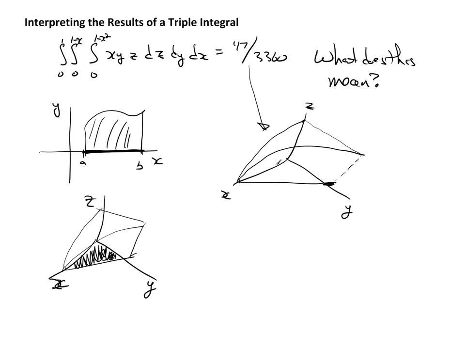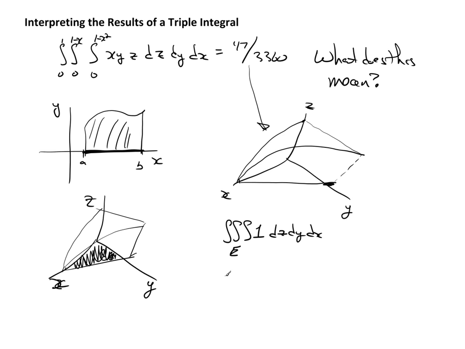See, if I were to actually find the volume of this solid, it would not be 47 over 3360. In fact, one of the interpretations for a triple integral is if I integrate over E of 1 dz dy dx, this is letting f of x, y, z equal 1. This results in a volume.